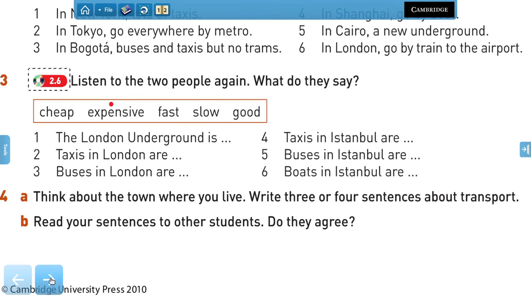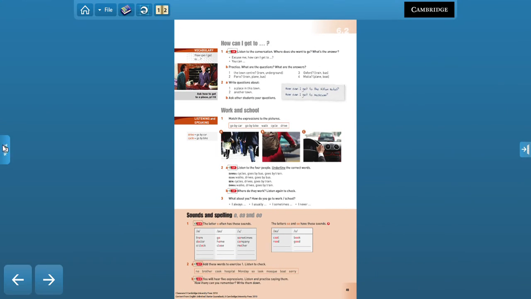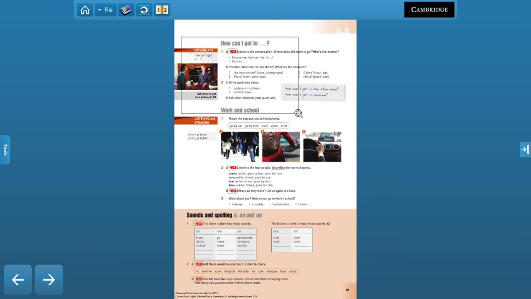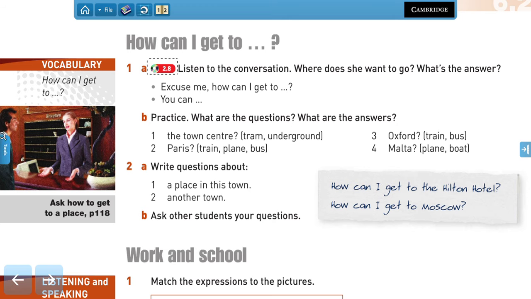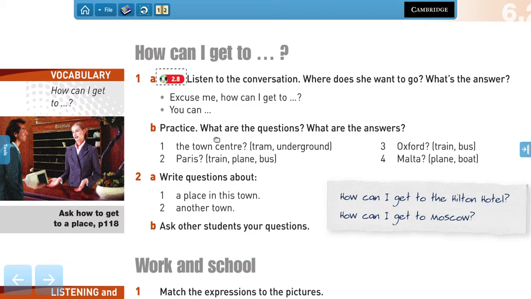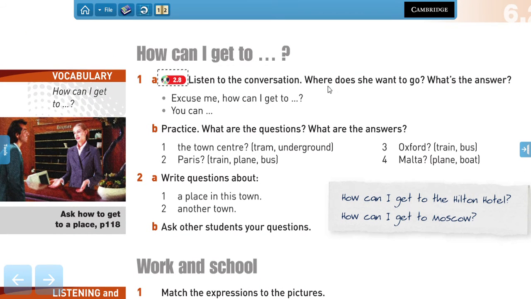So let's continue. Now, we're going to be talking about how to ask for directions, or how we can get to different places. So we're going to listen to a conversation, right? And you're going to identify where the woman wants to go and what the answer is. So here we have some examples.